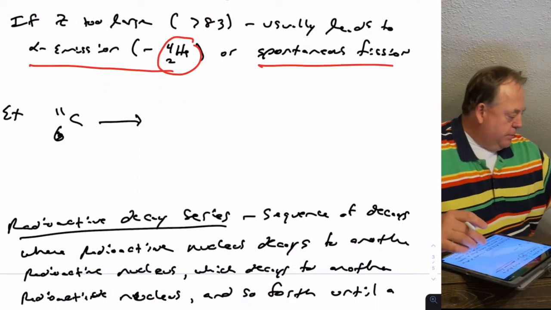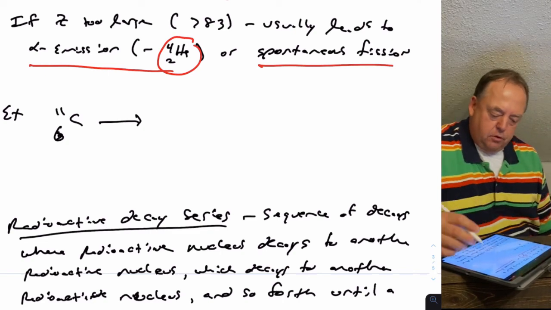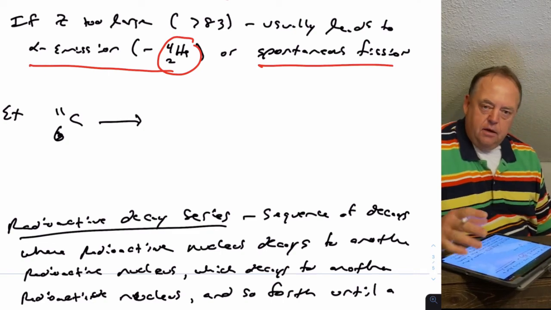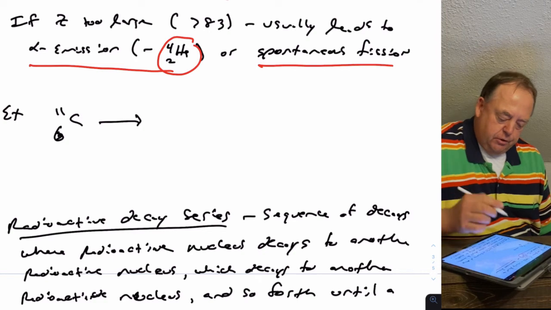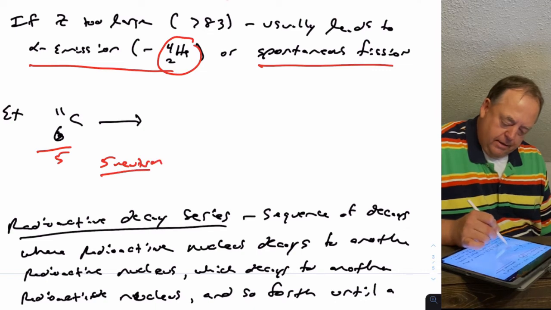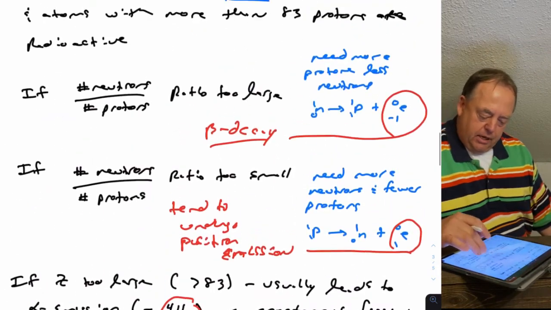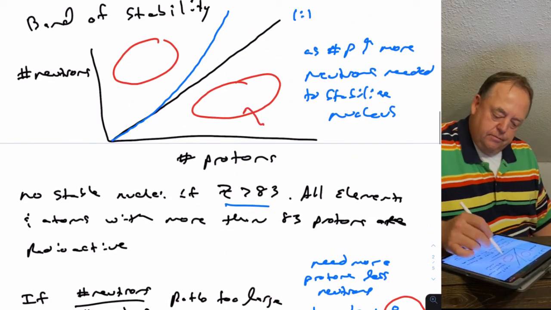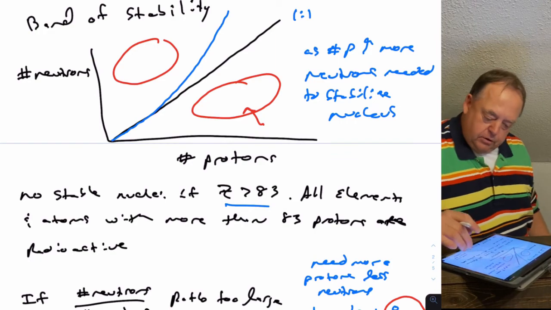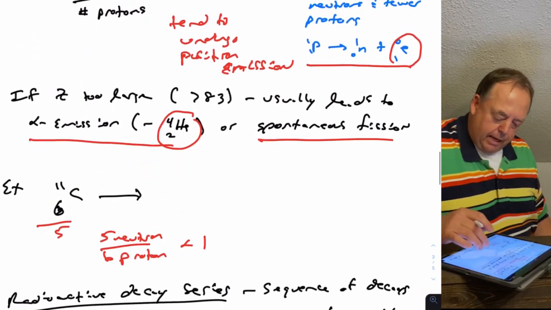So if we take an example, carbon-11, what type of nuclear decay should this undergo? It's got 5 neutrons and it's got 6 protons. So that ratio is less than 1, which means you're in this region, right? So that should undergo positron emission, which is what happens in this case.